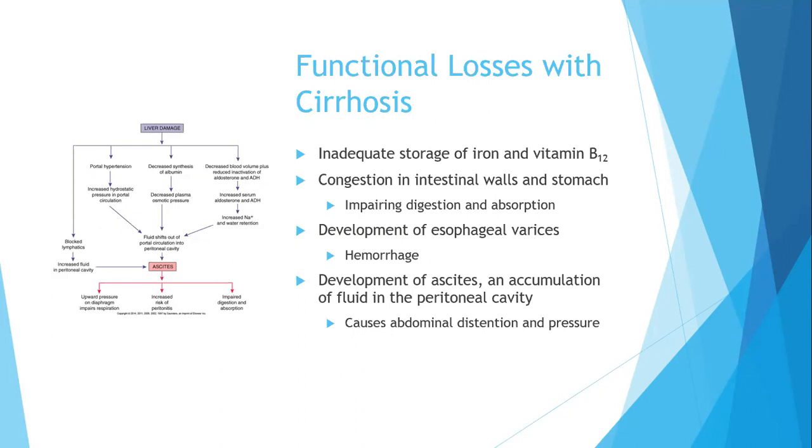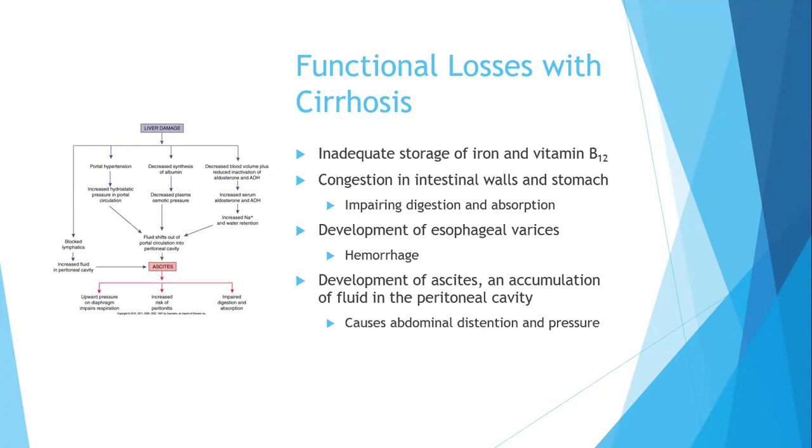You also get inadequate storage of iron and vitamin B12, and that can cause anemia type problems. You get congestion in intestinal walls and in the stomach, which impairs digestion and absorption, and development of esophageal varices, which can cause hemorrhage in the esophagus. So this is a bad scene. It's a bad chain of events.